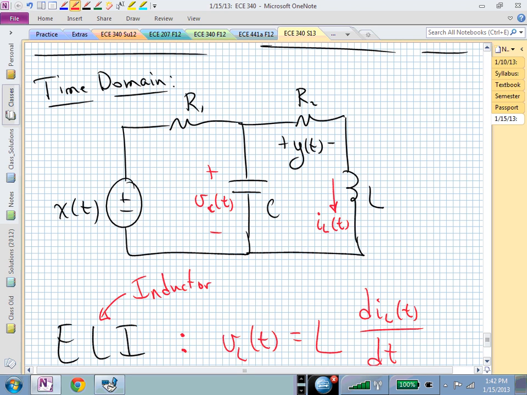And now you're going to think, where in the world is he going, once I start writing this. But I might start writing a KVL equation around the left mesh. And that would look like minus x of t plus R1 times I sub 1, I don't know what it is yet, plus just v sub c of t.